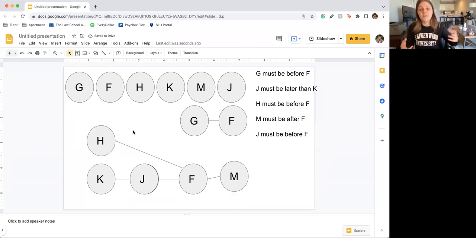It's not above or below any of the other variables, so long as it is before F. It could be my first variable, my second variable, or my third variable, but it has to come before F.